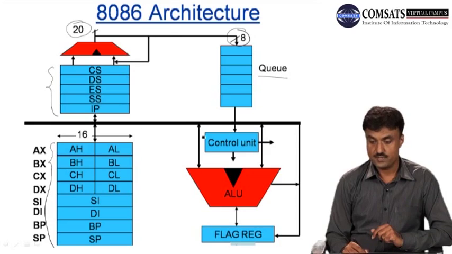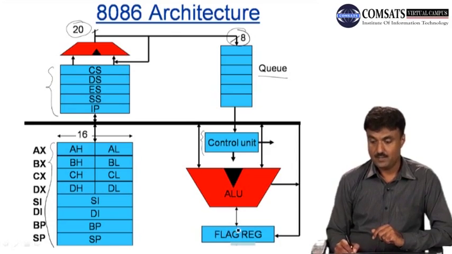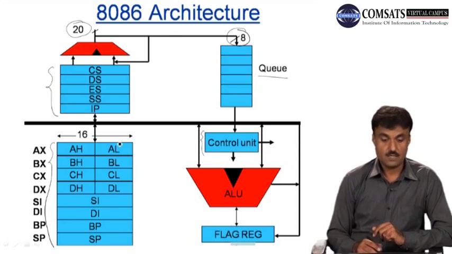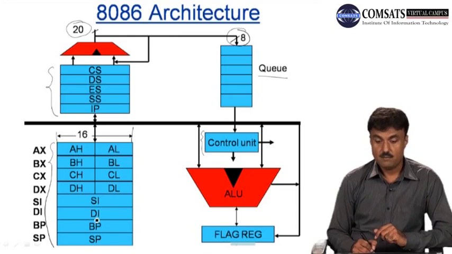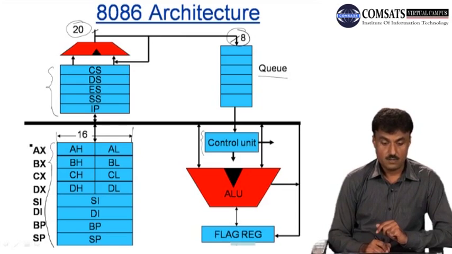There's also a control unit, an arithmetic and logic unit, and a flag register. The size of these registers is 16-bit: AH, AL, BH, BL, CH, CL, DH and DL, SI, DI, BP, SP. And they have other names also.